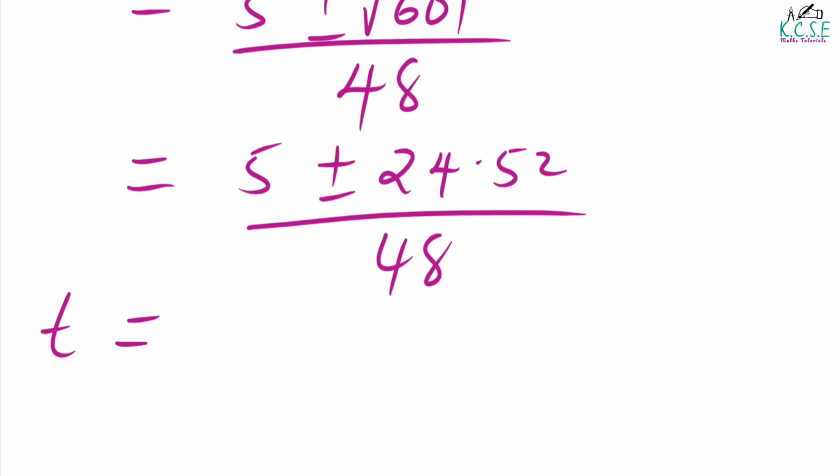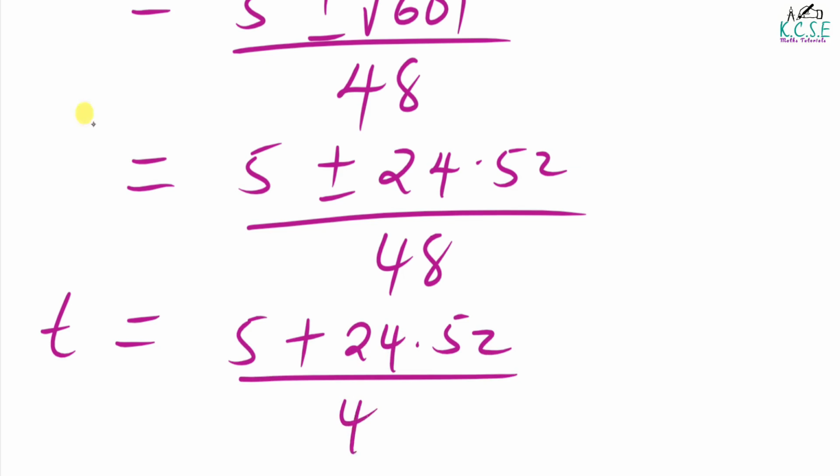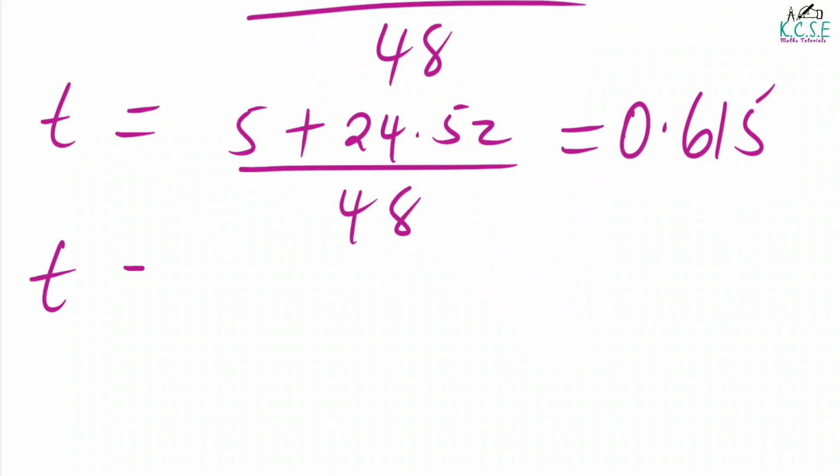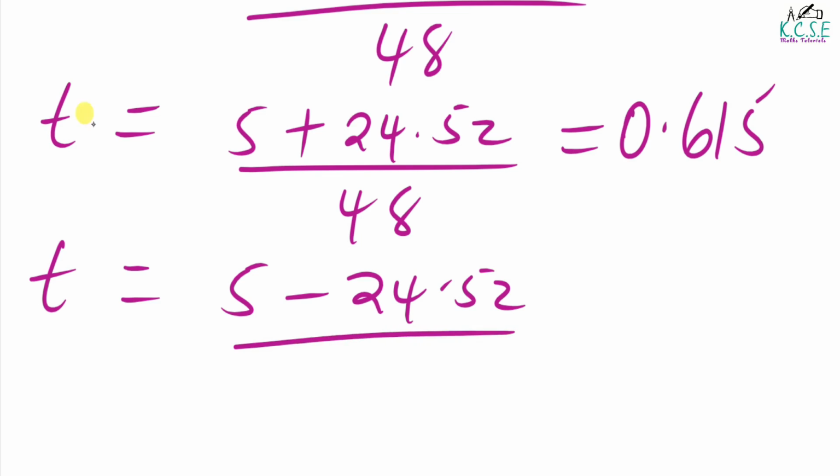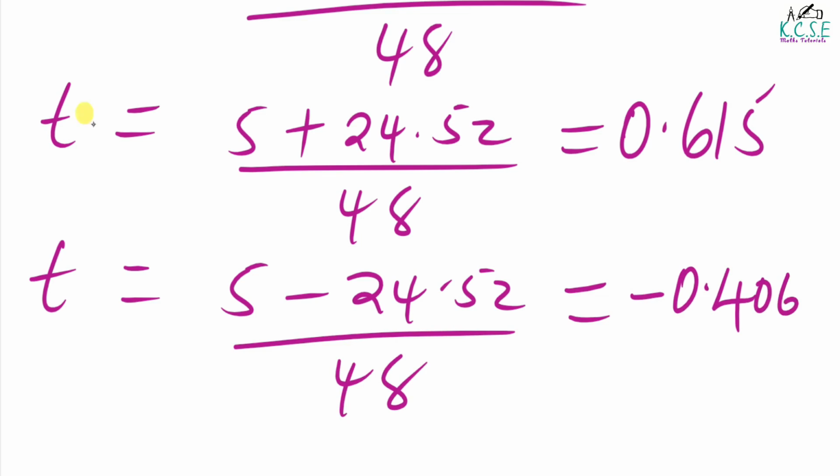So we shall have two values of t. The first value of t will be given by 5 plus 24.52 divided by 48, and you work it out using the calculator. This will give 0.615. Then the second value of t will be 5 minus 24.52 divided by 48, and this gives a negative 0.4067.